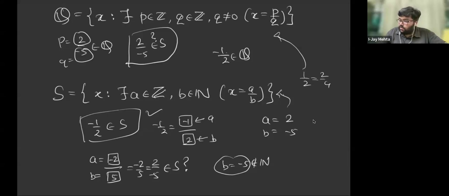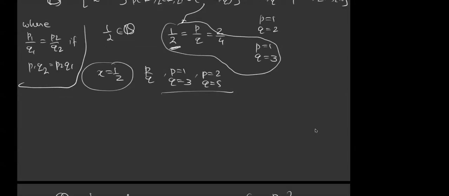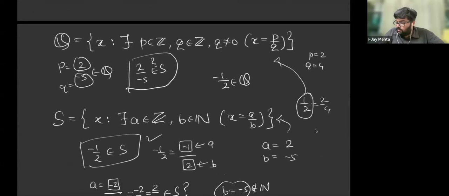If you give me p equals 2, q equals 4, I will write 1/2 only, because this is one representative. So this is the same, no? In that way, we have already written p1q2 equals p2q1. See, we have written this. Yes, sir, got it. Okay, good. So it's just a different form.